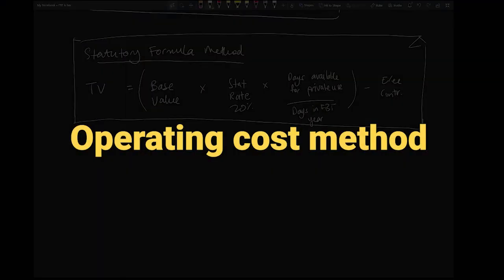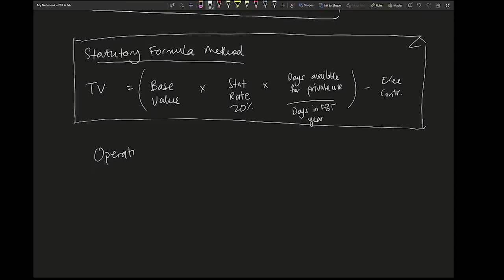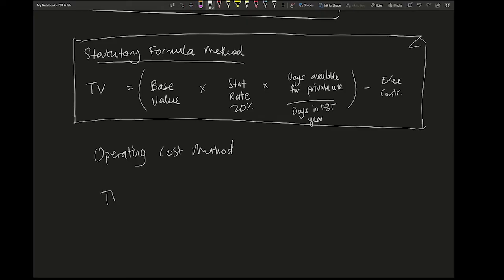All right, operating cost method, as the name suggests, is working out the taxable value based on the cost of running the car. And so taxable value equals all the operating costs of the car, and we'll go through that in a bit more detail, times the private percentage of use, which can be worked out as 100% minus business percentage, and then less employee contributions.